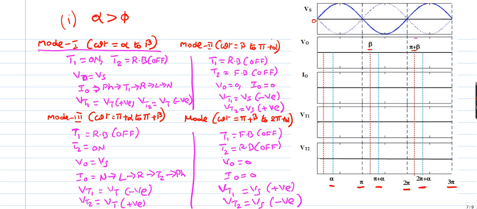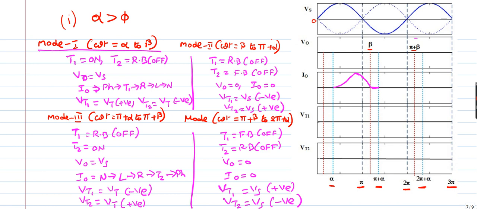First, we'll start with current, as it is an RL load. So at alpha, the current starts from 0, it increases to some maximum and it becomes 0 at beta. So when T1 is in conduction, I'm assuming that the current is flowing from phase to neutral, so I'll draw the positive half cycle from alpha to beta. So beta to pi plus alpha, the current is 0.